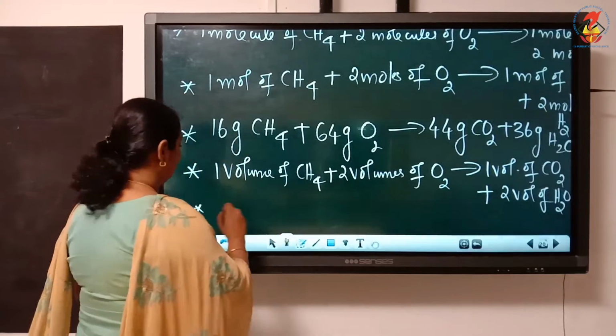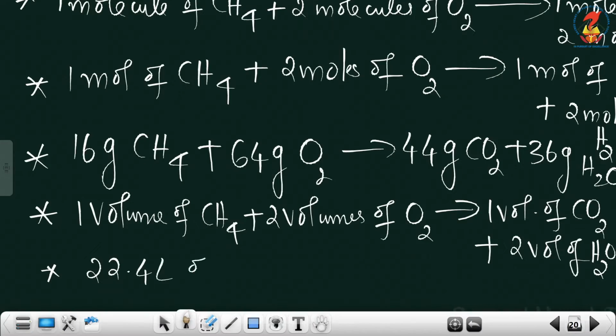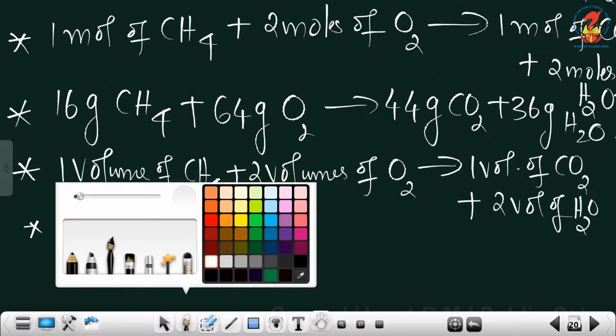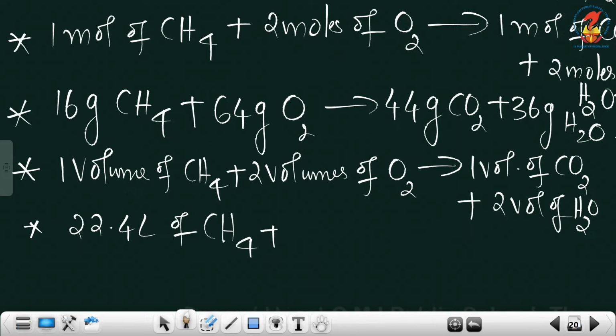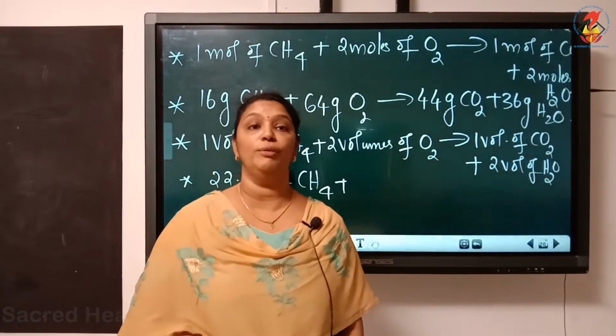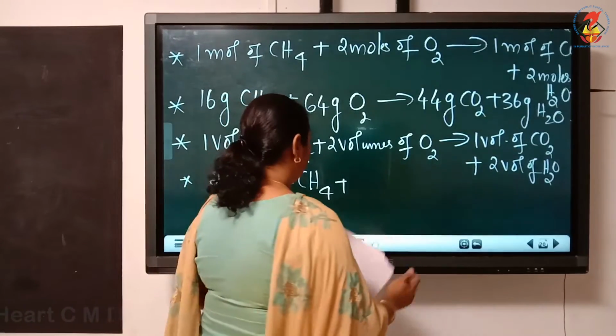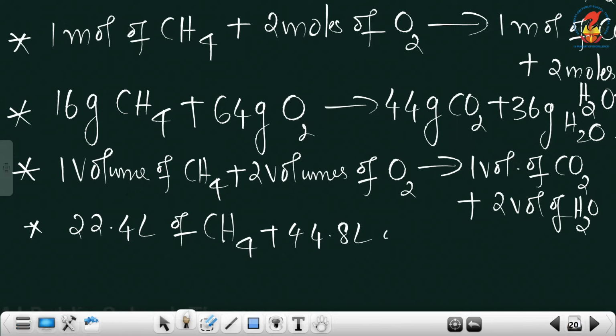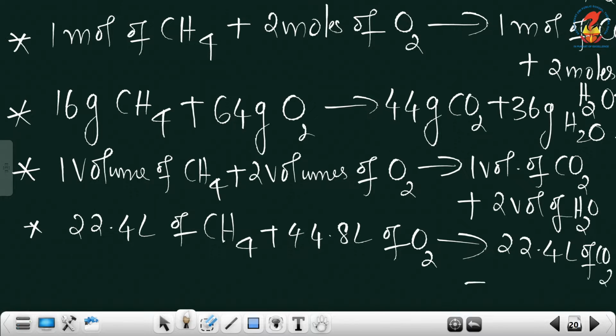So, I can write 22.4 liters of methane combined with 2 volumes of oxygen, which means 2 into 22.4 liters of oxygen, which is equal to 44.8 liters of oxygen to give 22.4 liters of carbon dioxide plus 2 volumes of water, which means again 44.8 liters of water.